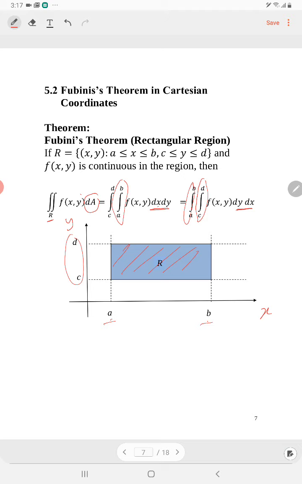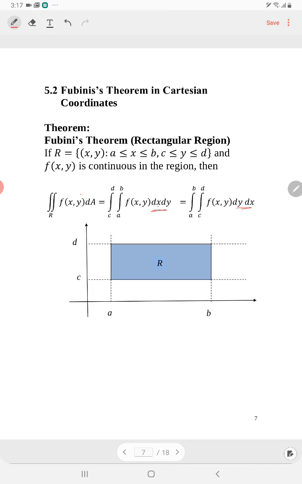So that is the simplest region for a double integral, where your region R is a rectangular region. The order of integration does not matter. You can evaluate by integrating with respect to x first and then y, or vice versa.